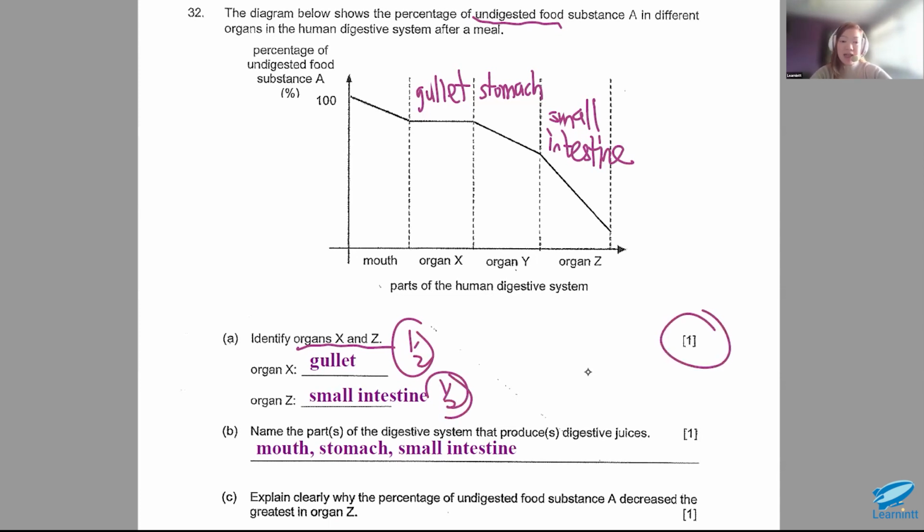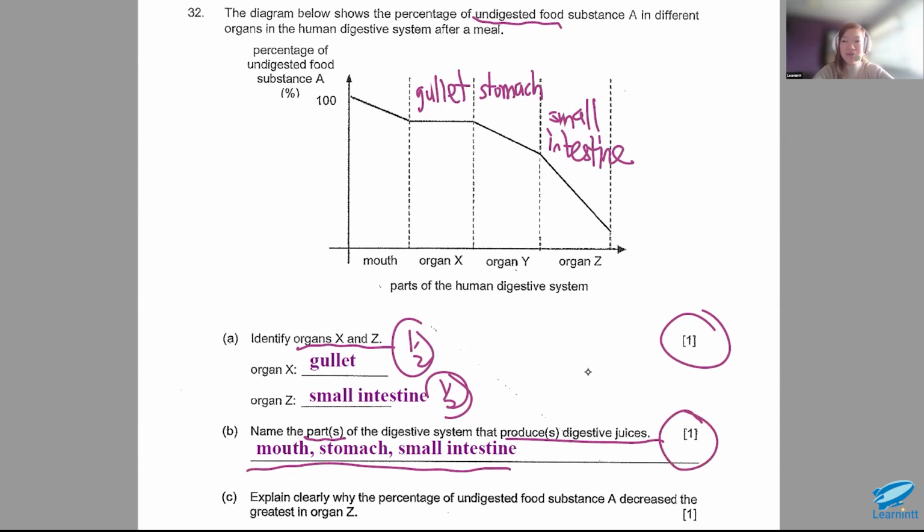Question: name the part of the digestive system that produces digestive juices. So it's a 1 mark question, but we have 3 parts to the answer. So how is the mark allocated here? Now, if you just give 2 out of 3 answers, it is incomplete. We are only going to give you half mark. But if you're able to give me all three, then you get the full 1 mark.